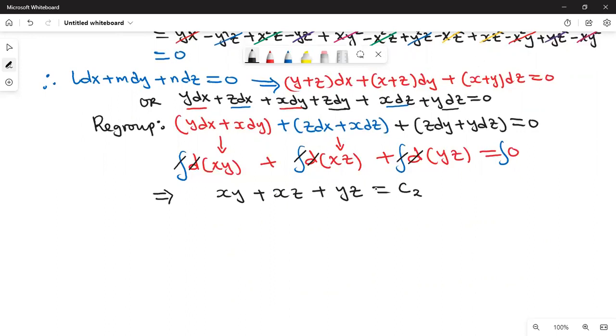So what you have found here is the second integral curve. We have managed to find the two unique solutions of the given differential equation. Now, once you have your two integral curves, how do you find the integral surface? This is how to find the integral surface.